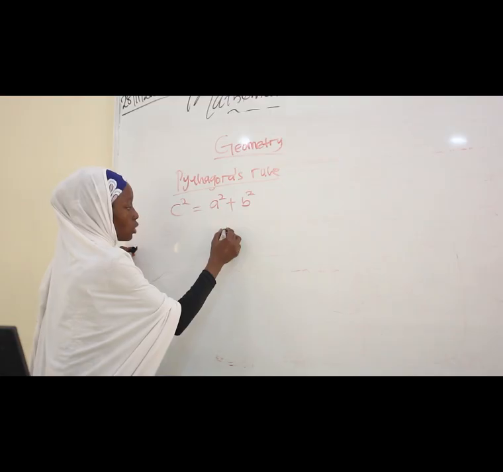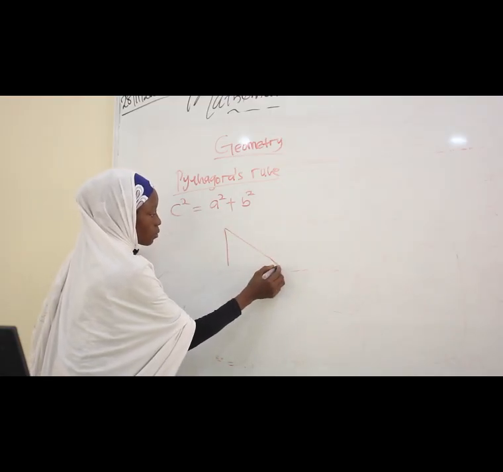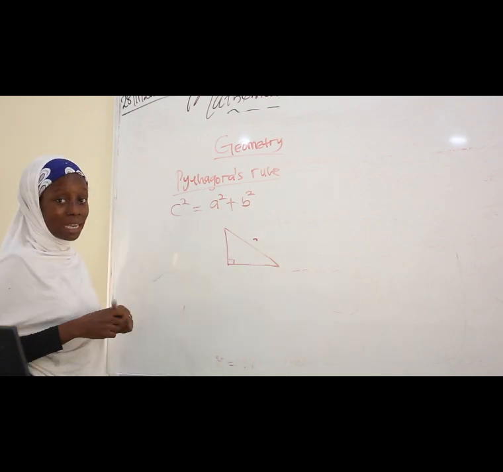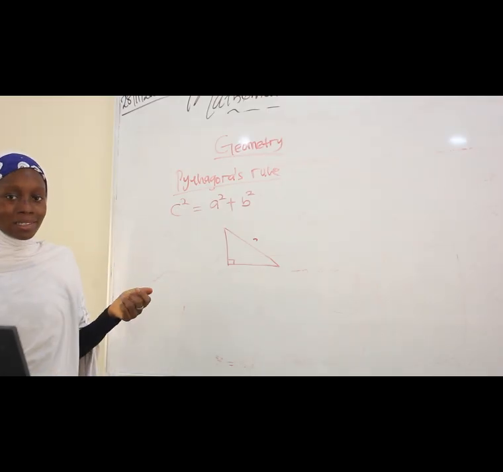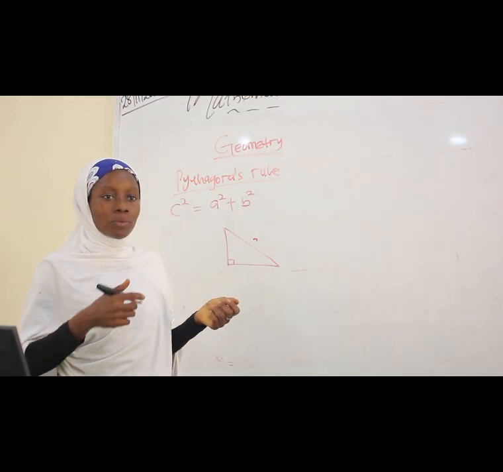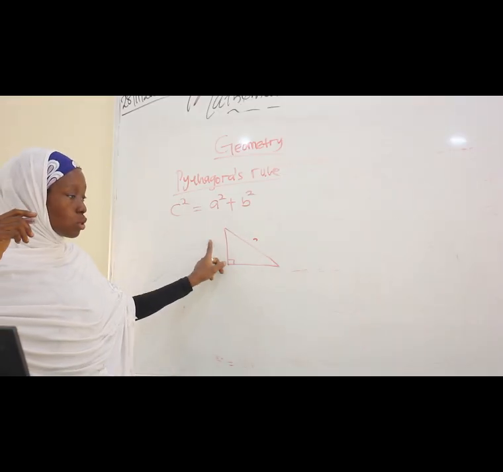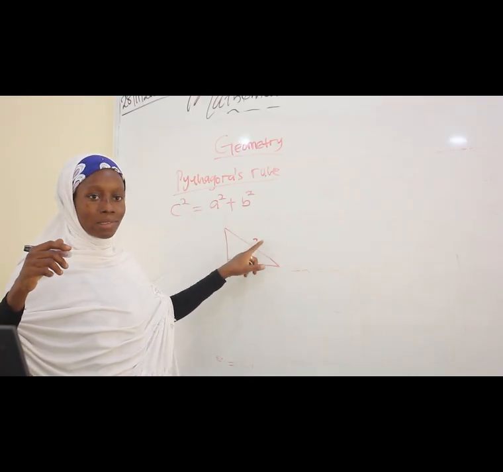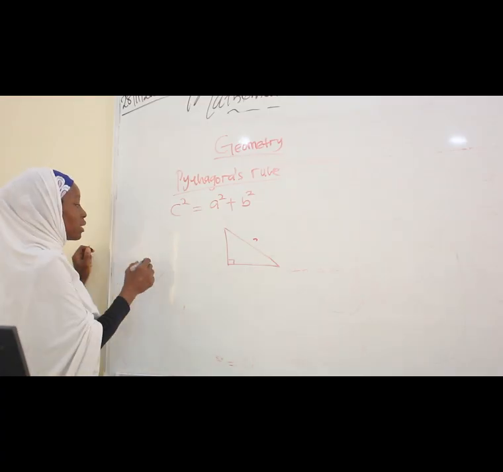Let me draw. So this is always the longest side, the hypotenuse. You sum the squares of the other two sides together and it is going to be equal to your hypotenuse squared. Now let's look at this example.